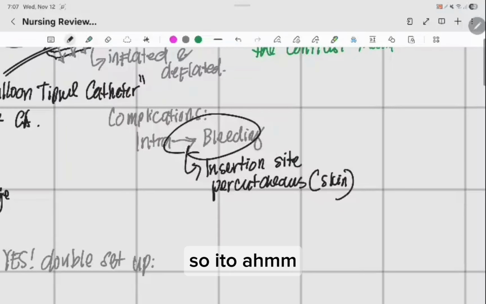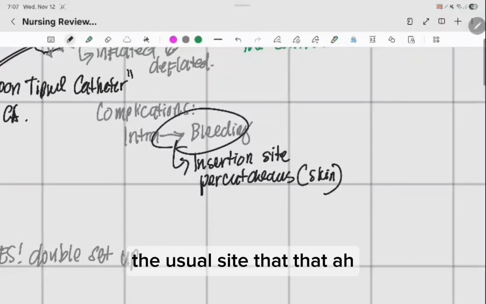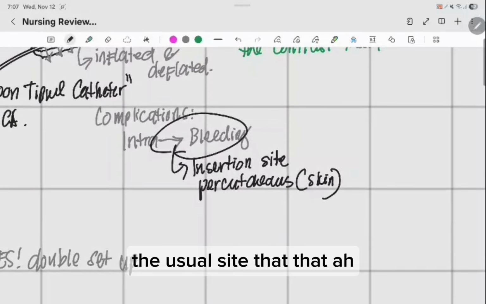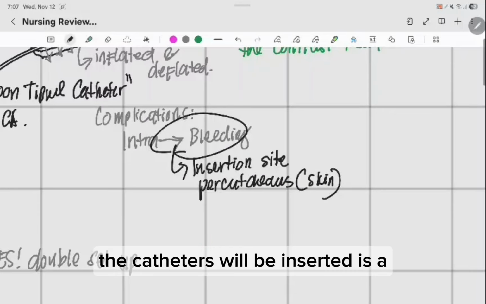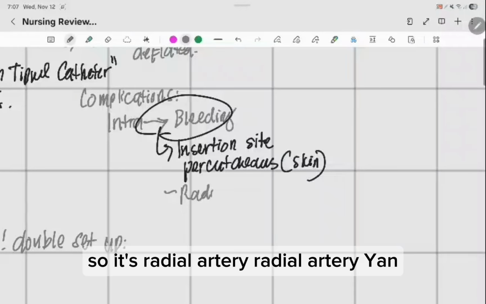So ito the site, the usual site that the catheters will be inserted is sa radial artery. Yan. So it's radial artery.